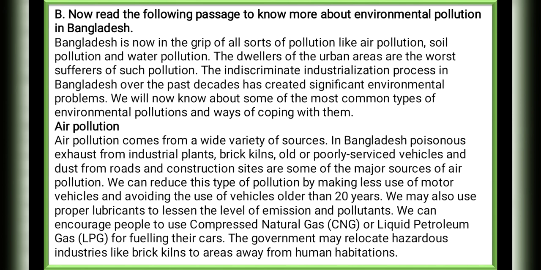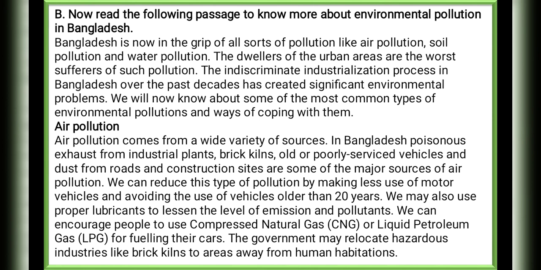So there you can see some causes, like using poorly serviced vehicles or vehicles older than 20 years is a huge cause of air pollution. Other causes are industrial plants indiscriminately set up and brick kilns in human habitat locations.